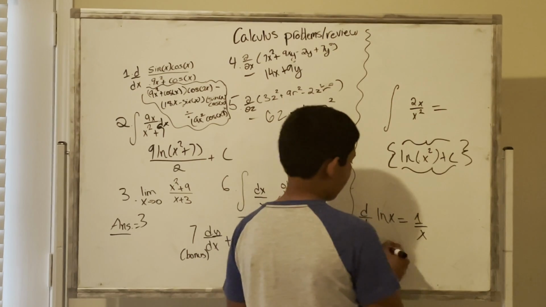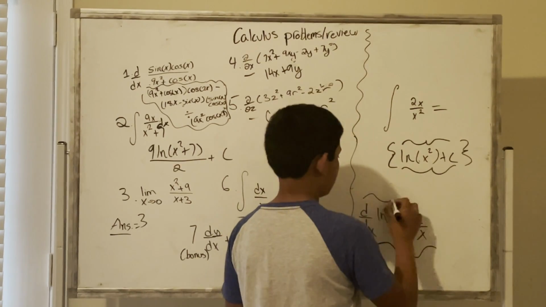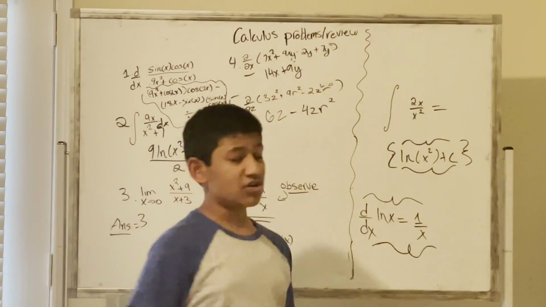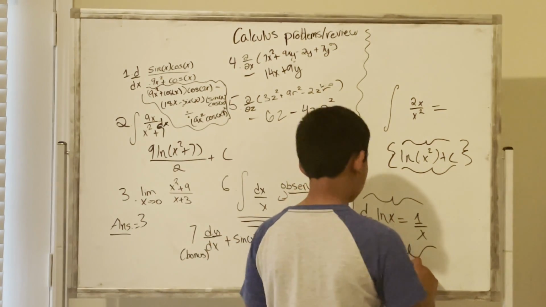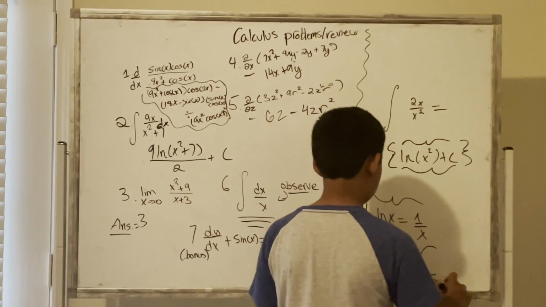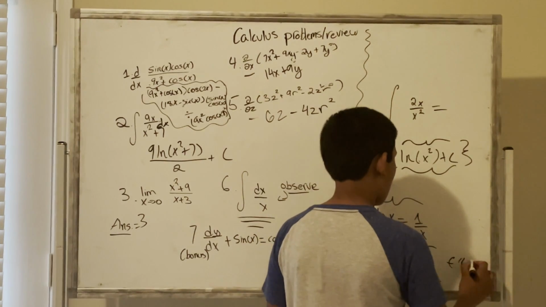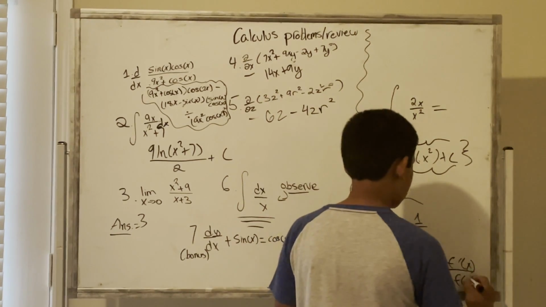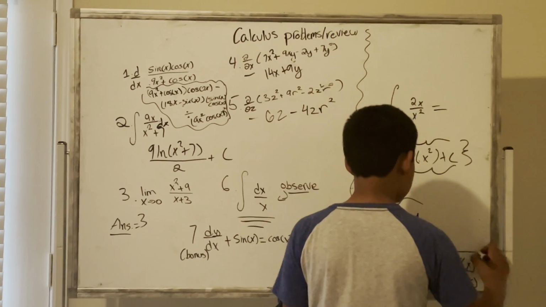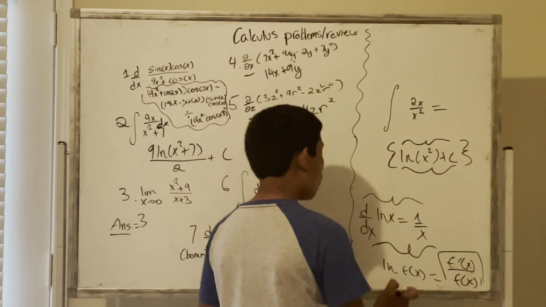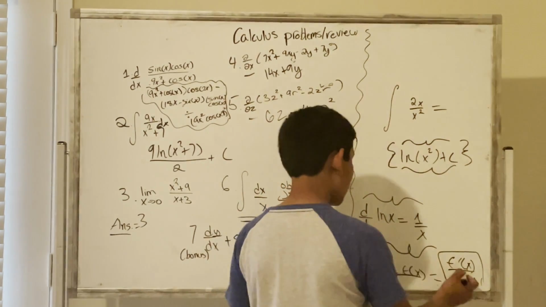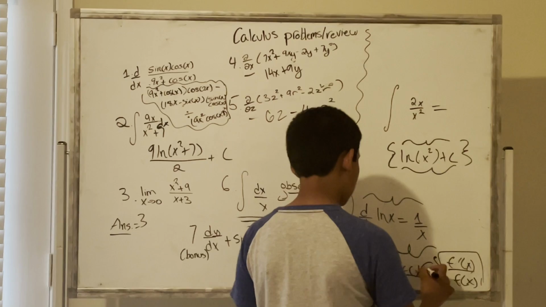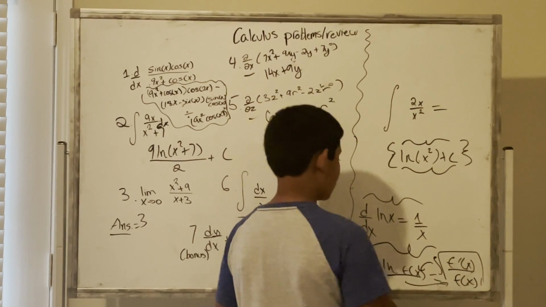We know this from differentiation, and this is probably a rule which we know. But say we have the natural log of f of x, which is essentially f prime of x over f of x. So if we have this specific pattern, we know that when we take the derivative, we get this. But when we take the integral, we get here. So that's essentially this term for the integral.